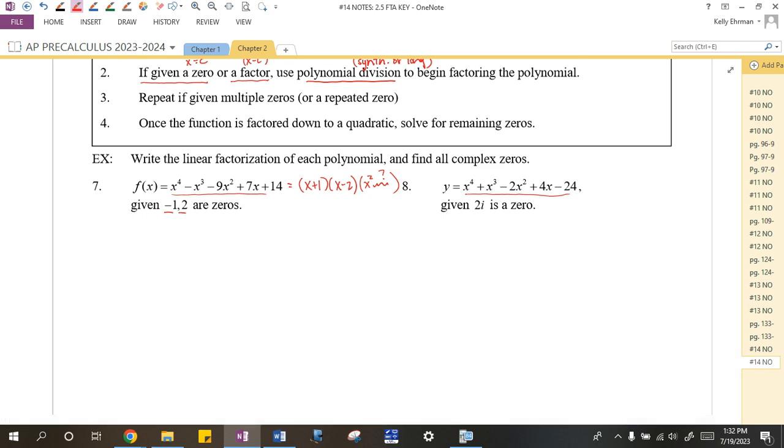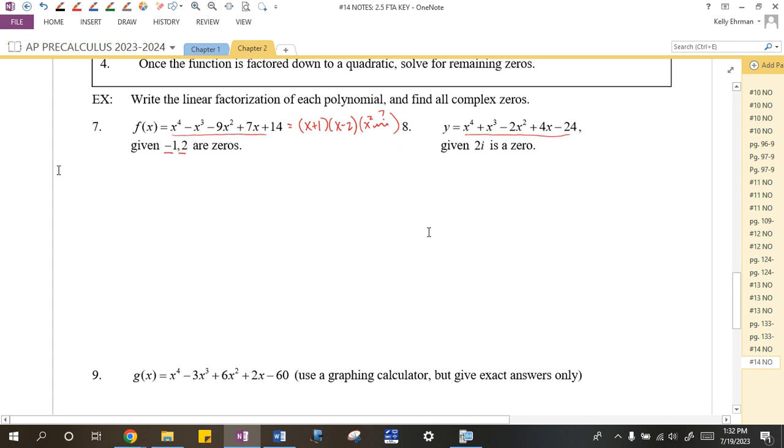We can either use synthetic division with negative 1 and 2 as our numbers on the outside, or we could FOIL together x plus 1, x minus 2, and do long division. I'm going to show you the synthetic division here because we'll have to use long division on number 8.